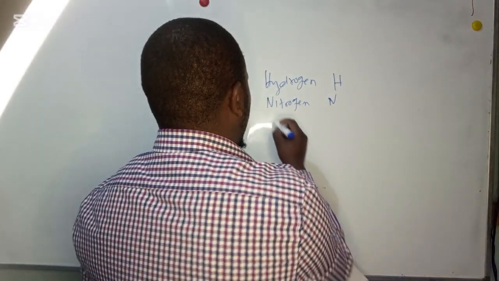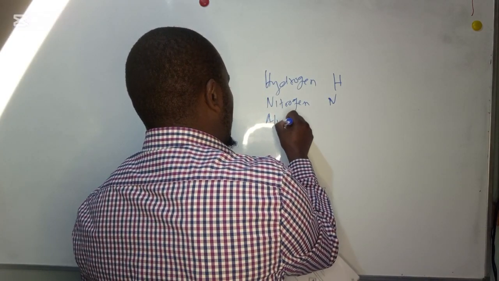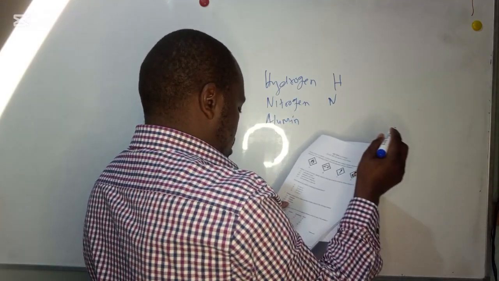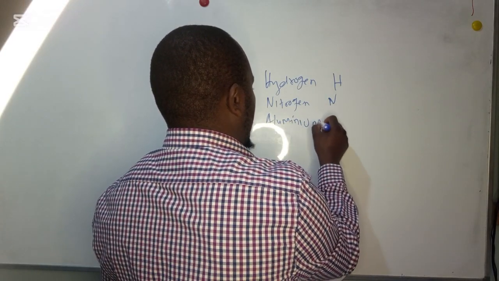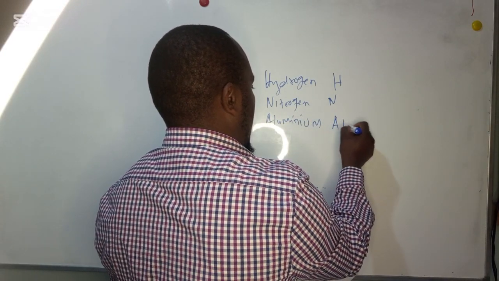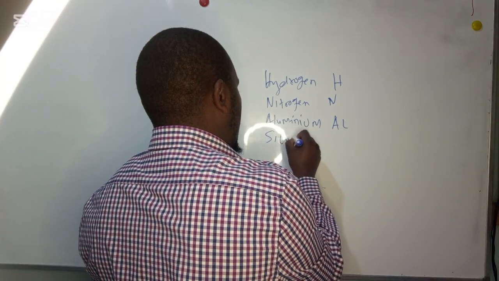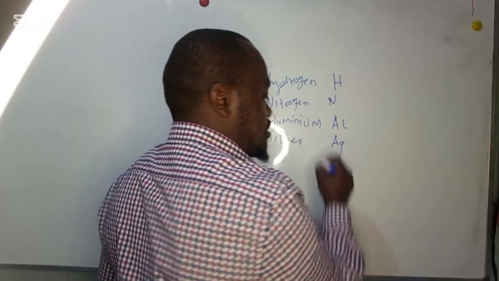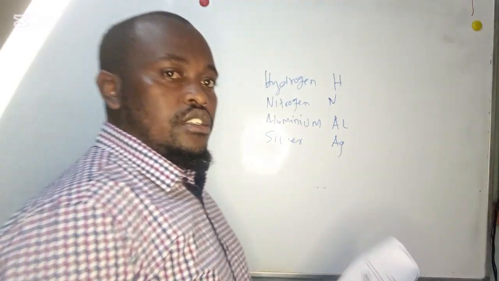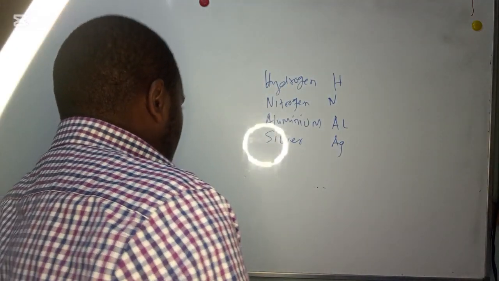The chemical symbol for aluminium is Al. The chemical symbol for silver is Ag. So these are the chemical symbols for these elements.